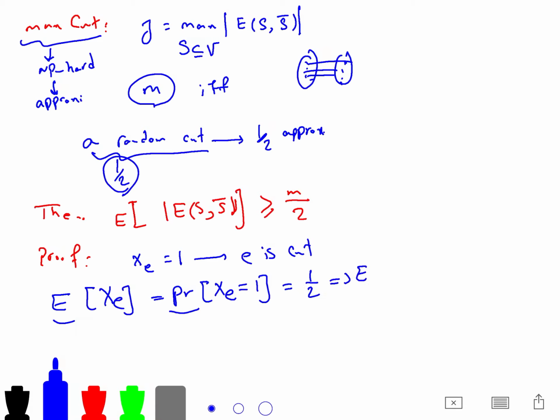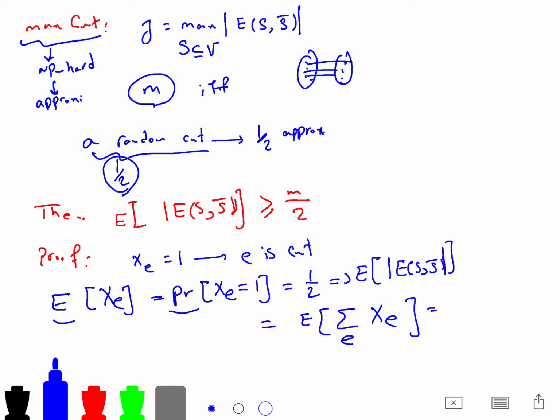So the expectation of the number of edges going from S to S bar is the expectation of the sum over all edges of x_e. If it is 1, then it is cut. Otherwise, it is not.